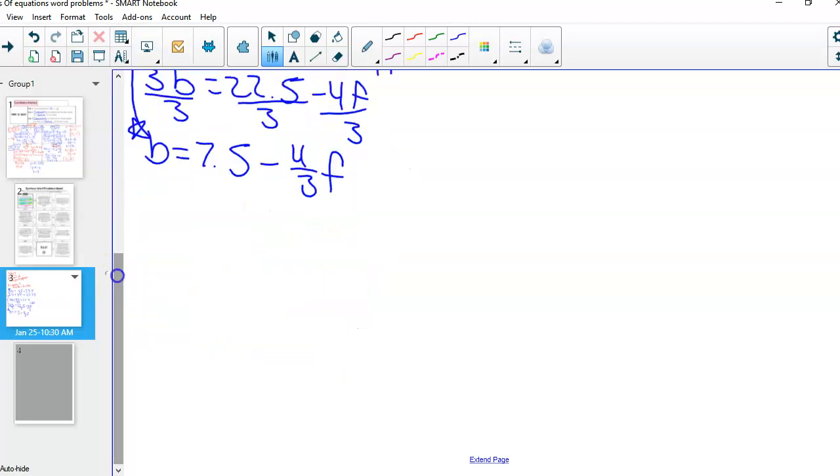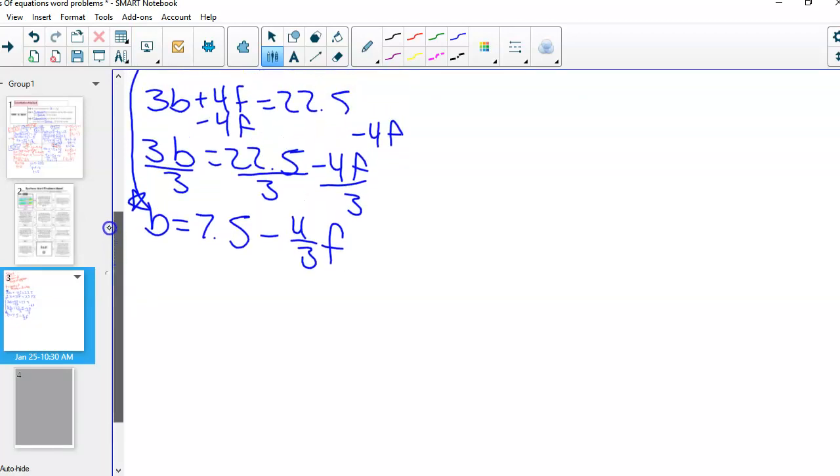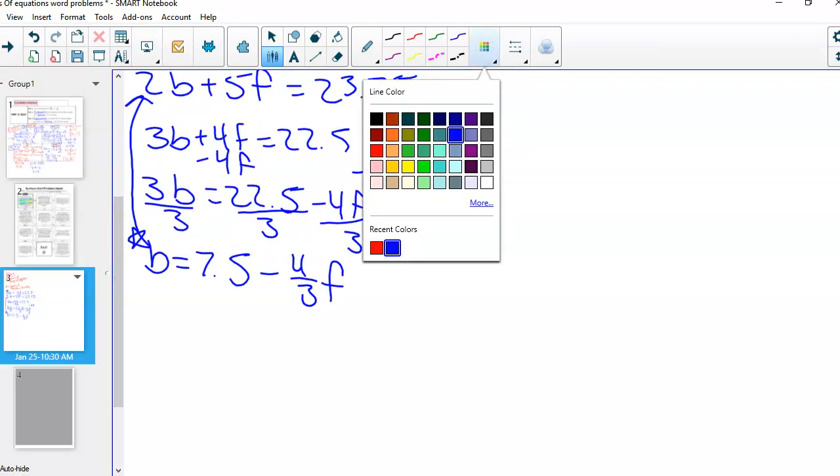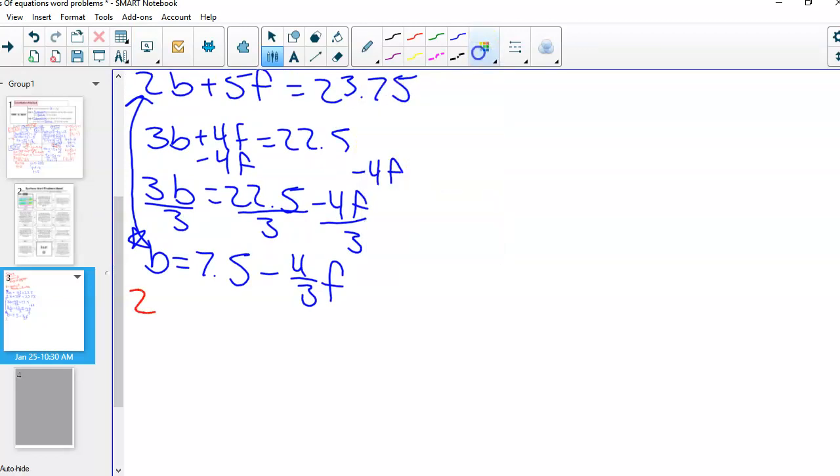This process is going to be lengthy and time consuming for a while until you get the hang of it. So 2b, or 2 times all of this. 2 times 7.5 minus 4/3 f plus 5f equals 23.75.